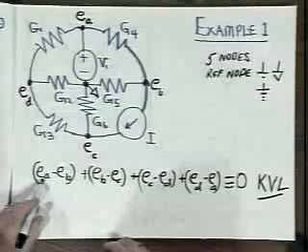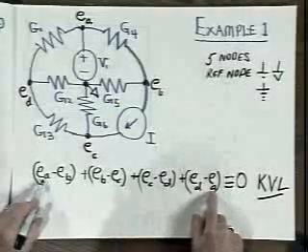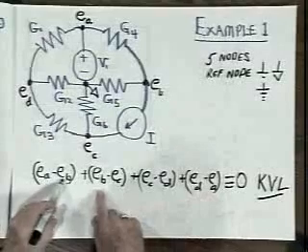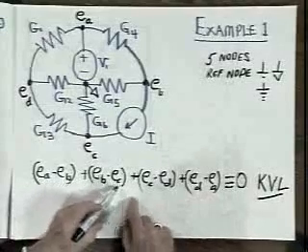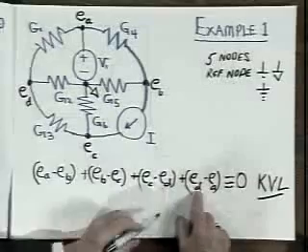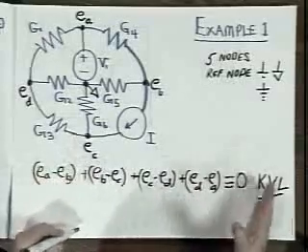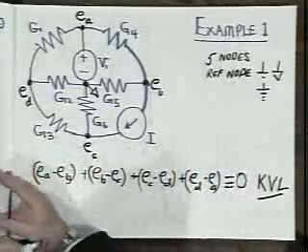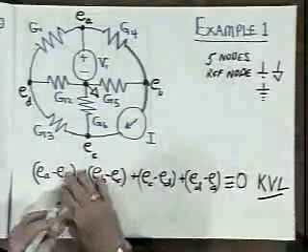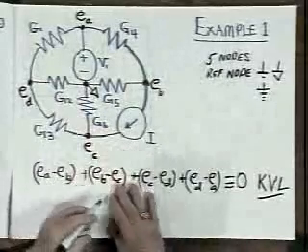So I have plus E sub A here, minus E sub A here, plus E sub B, minus E sub B, plus E sub B, minus E sub C, plus E sub C, likewise for E sub D. So the sum of the left side is identically zero because it contains all the node voltages twice, each with opposite signs. So Kirchhoff's voltage law is satisfied by this definition of node to reference voltages. And from then on, you can forget about Kirchhoff's voltage law.